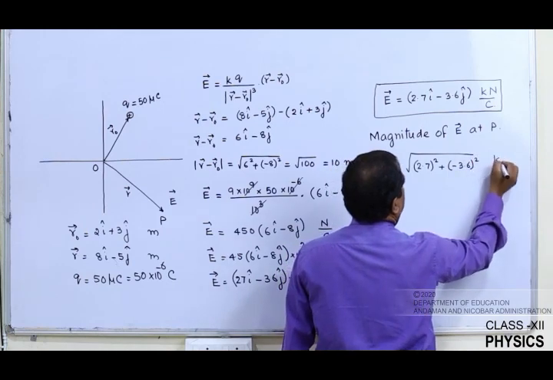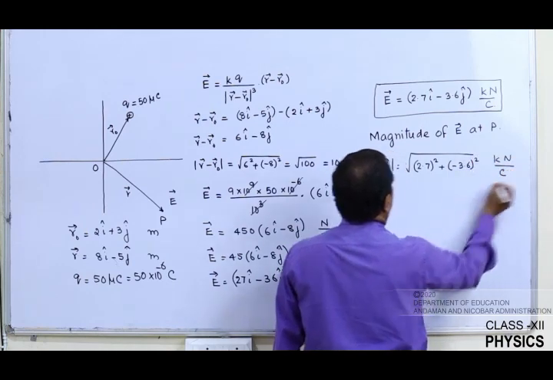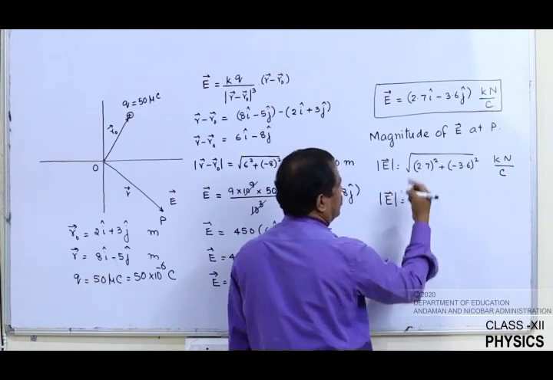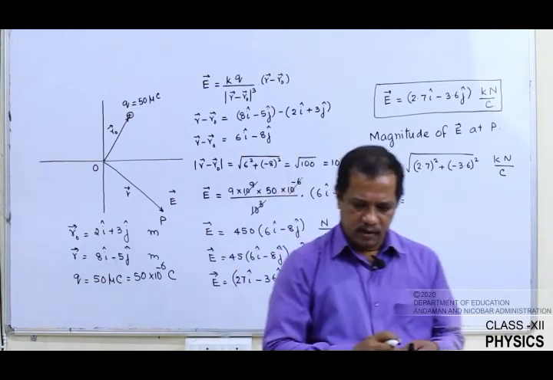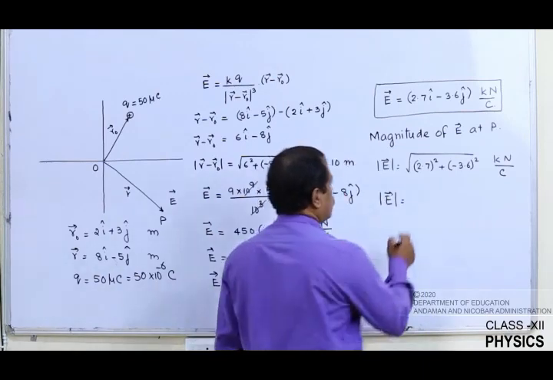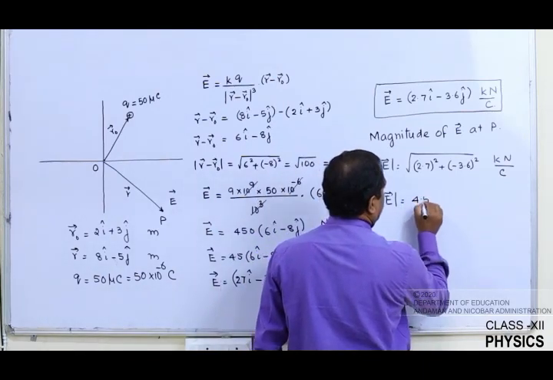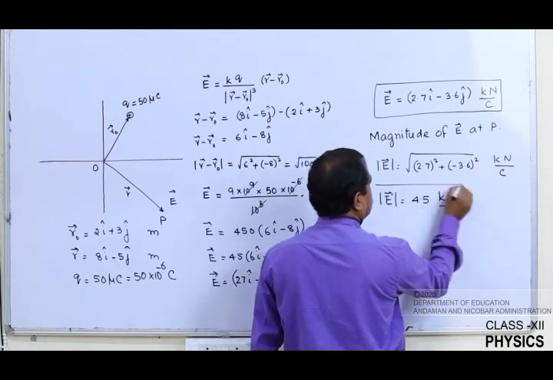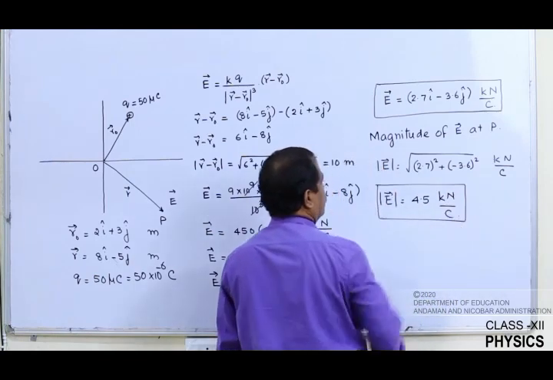This is in kilonewton per coulomb, and this works out to be, hopefully, 4.5. So, this will be 4.5 kilonewton per coulomb, and this is the magnitude of the electric field.